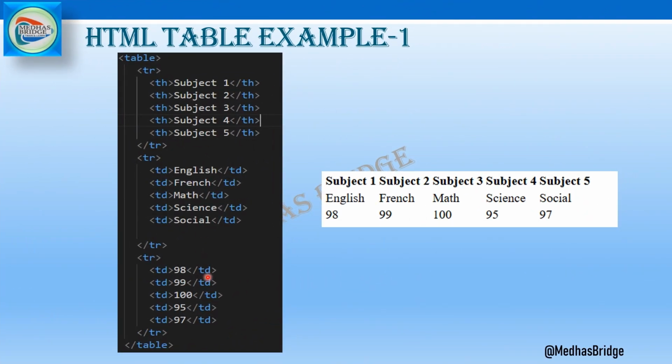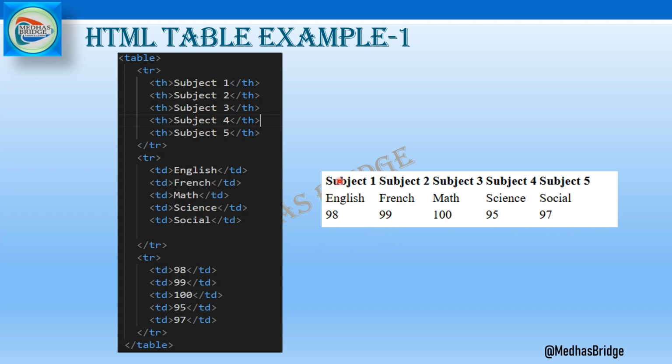Here are a few examples that illustrate the basic concept of table creation on an HTML web page. So this is a table, right, within which we have table rows. Within the row we have data and head sections. When you open this through the web browser, this is how it appears.